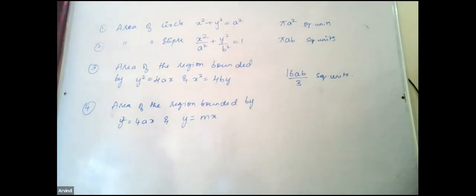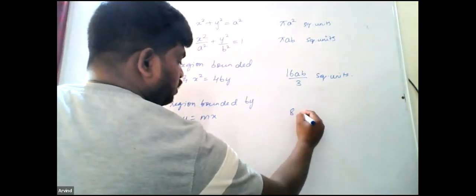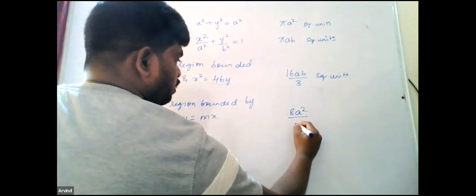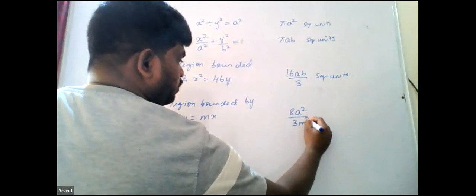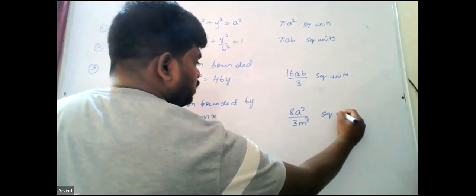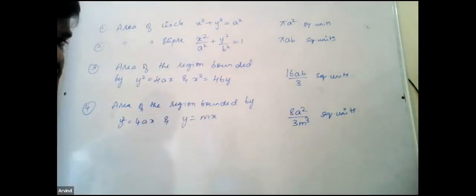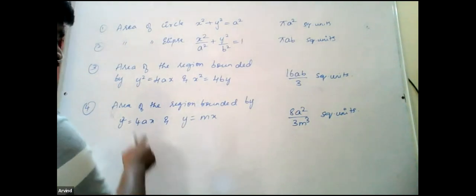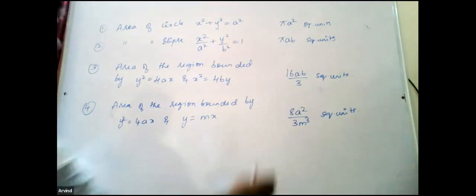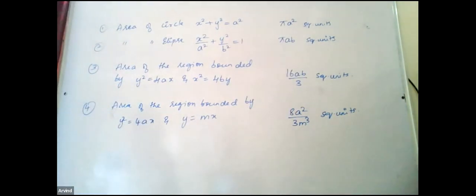That is equal to 8a square by 3m cube square units. Okay, you will get such type of questions in the CET between a parabola and a straight line. Directly, you can use this formula. It will be very easy.